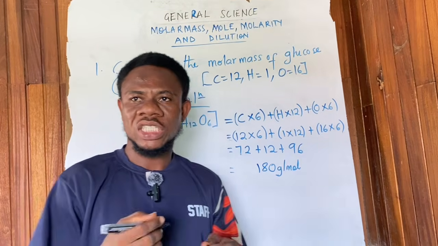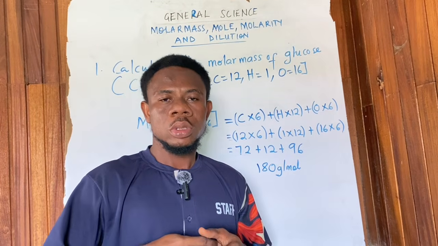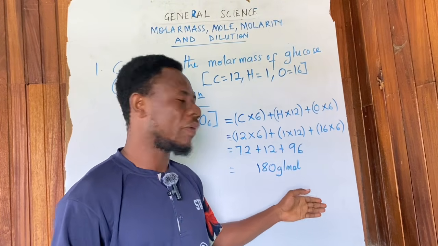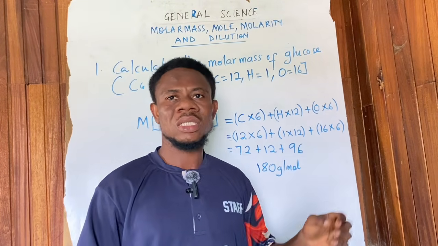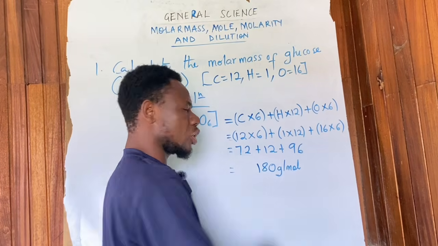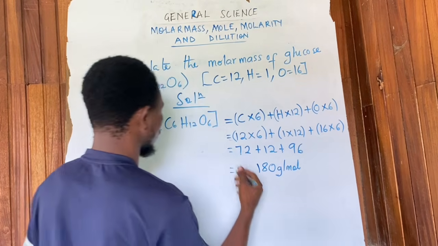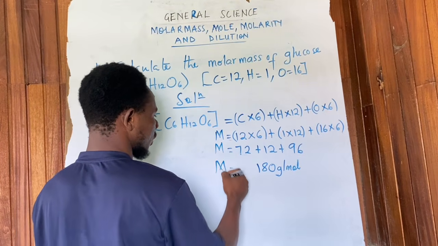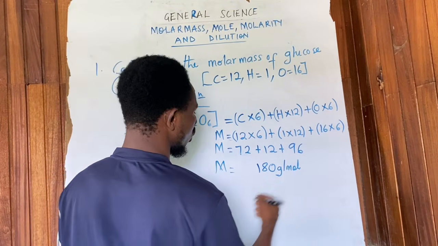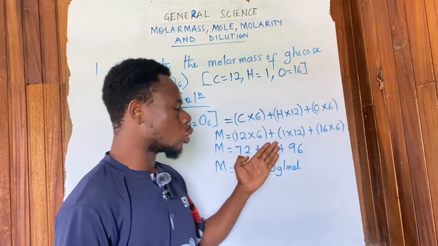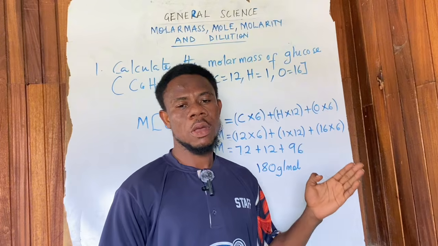If you don't attach the unit, there will be a deduction of marks in an exam. You have to attach the unit so that the unit will tell you that it is indeed the molar mass you calculated. So our molar mass of glucose is 180 grams per mole.